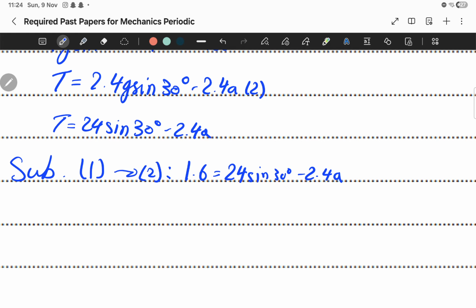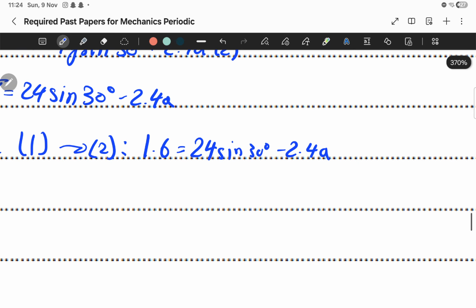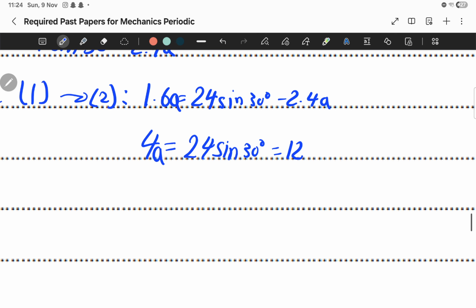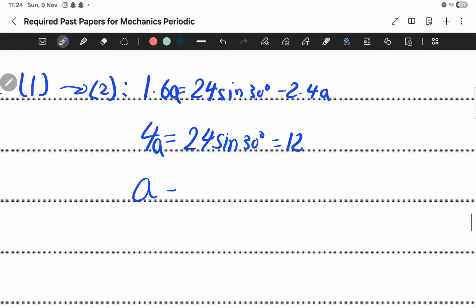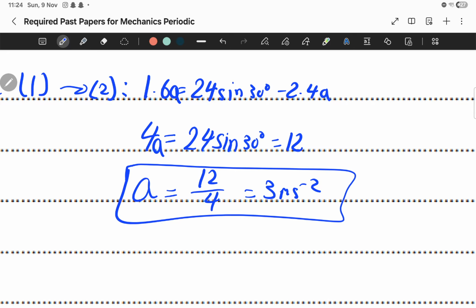Alright, take everything to the other side. 1.6 plus 2.4 gives me 4. 4a equals 24 sine 30 degrees, which is equal to 12. Okay, now divide by 4, a is equal to 12 over 4, equals 3 meters per second squared. And this is the answer. This is the easy part of the question.